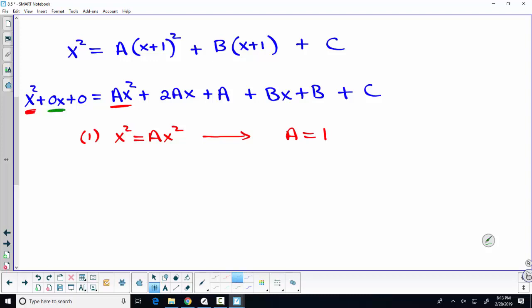We have our 0x equating to 2Ax plus Bx. That equation tells us that 2A plus B is equal to 0.